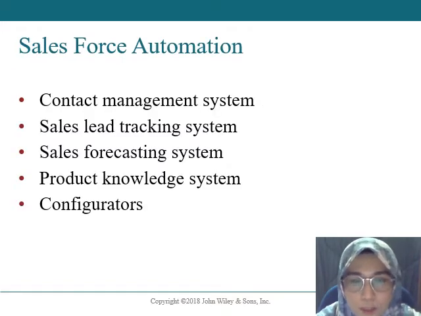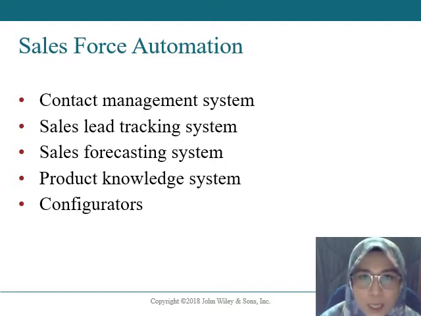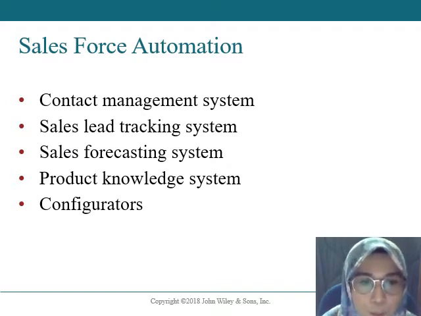Okay, so let's go to Salesforce automation, which is one of the components in the customer facing automation system just now. In the customer facing application, there is Salesforce automation, or we call it SFA, the component of the operational CRM system that automatically records all the components in the sales transaction process. In Salesforce automation, there are a few types of sales automation.